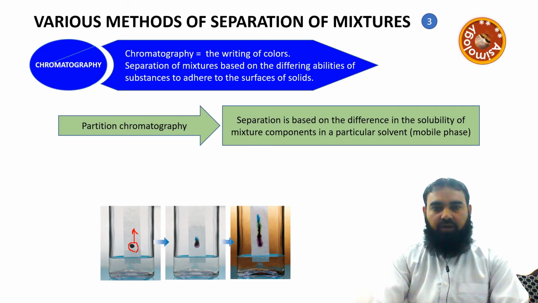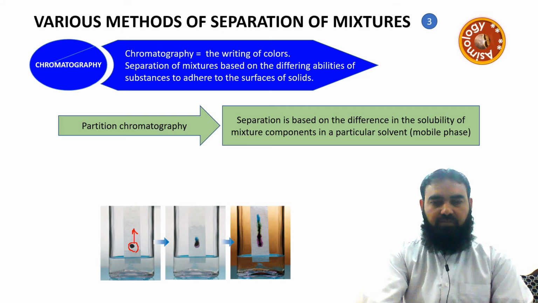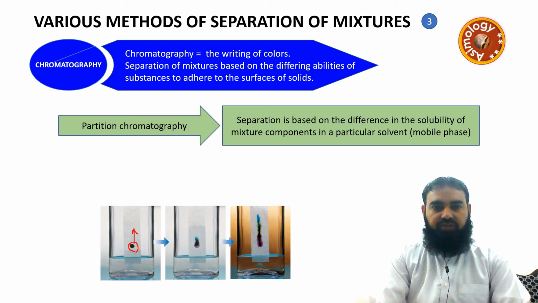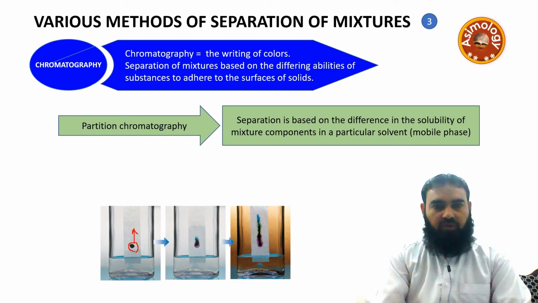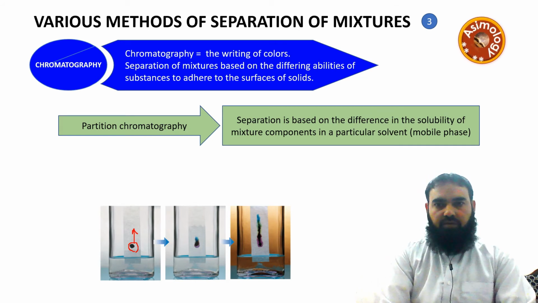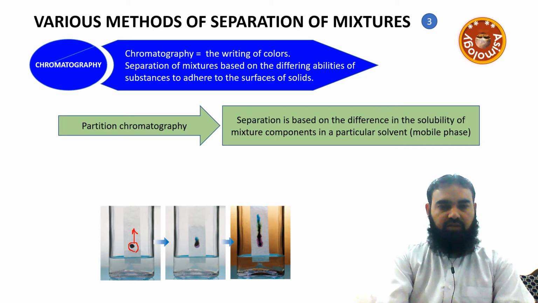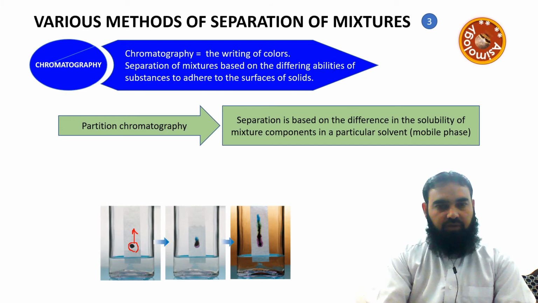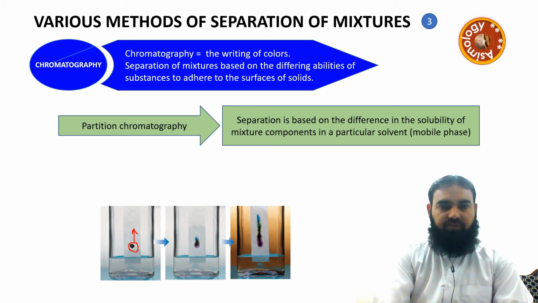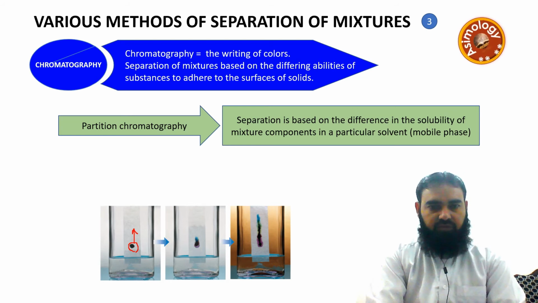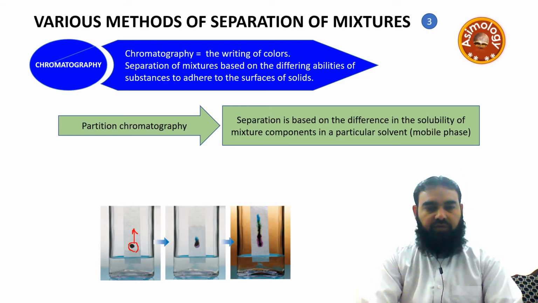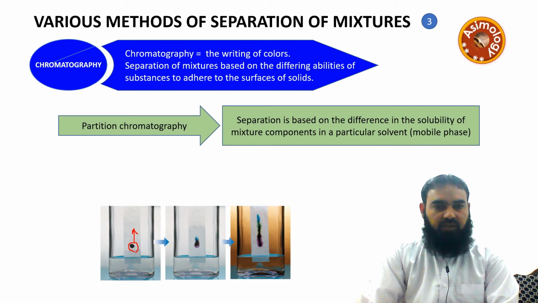Again, the rate of flow of each component of this ink mixture is different, and it depends upon several factors. One factor is the solubility of each ink component in the solvent. So solubility of each component of this ink mixture is different in this particular solvent.